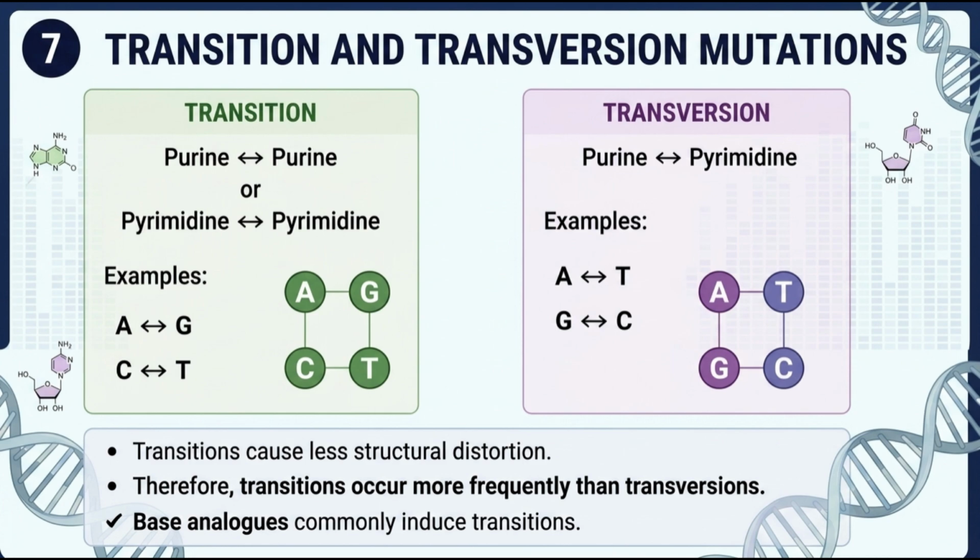Transversion mutation involves purine replacing pyrimidine or pyrimidine replacing purine. Examples include adenine changing to thymine or guanine changing to cytosine. Transitions occur more frequently because they cause less structural distortion in DNA. Base analogues commonly induce transition mutations.